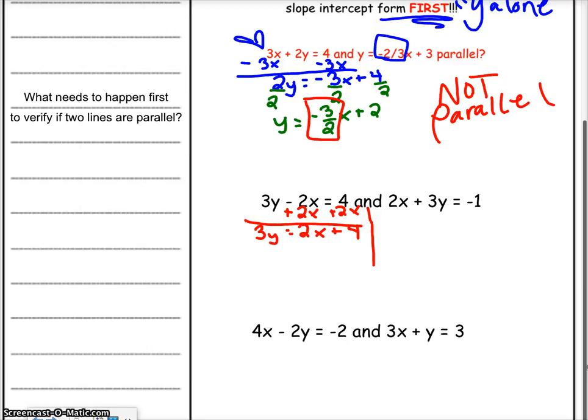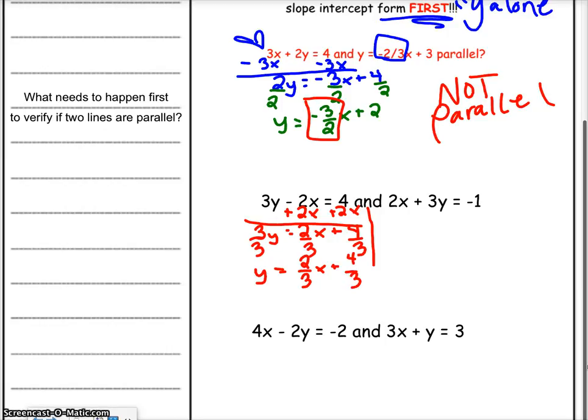Nope, because that's minus 2x. Divide by 3. Y equals 2/3x plus 4/3.